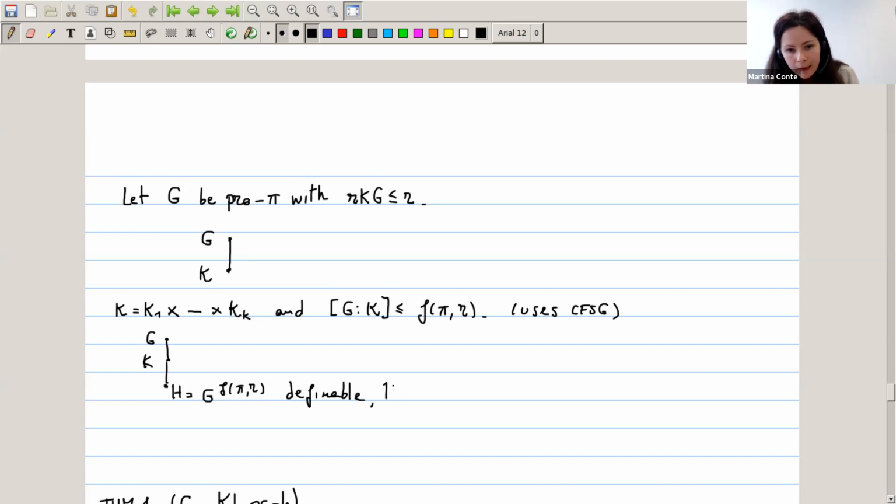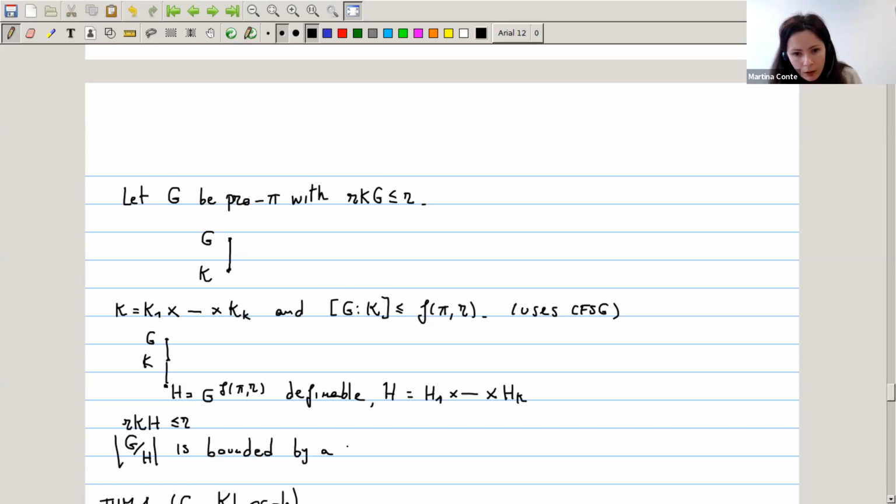It is again a C-pi group, so it is again of the form H1 times up to Hk, and moreover has rank bounded by R. And if we look at the quotient of G by H, the order of this quotient is bounded again by a function of pi and R alone.